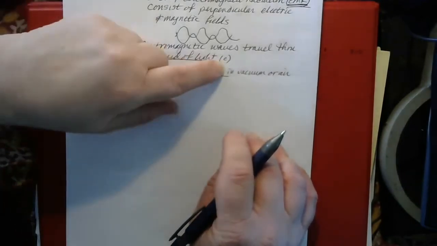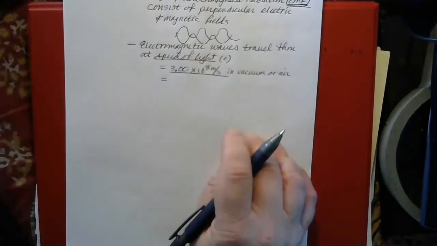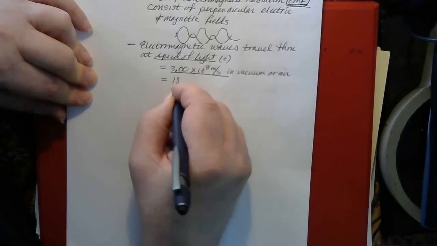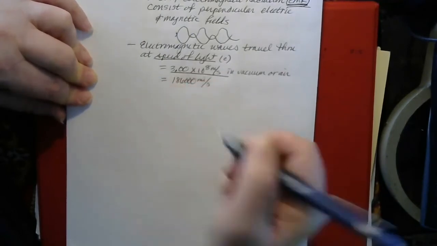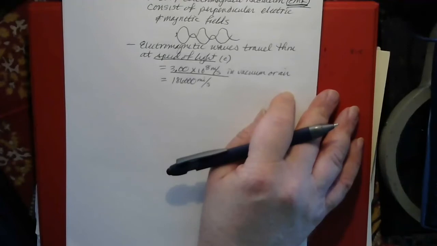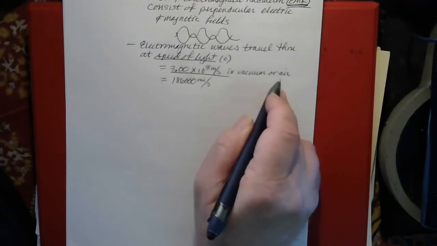The speed of light is also symbolized by a lowercase letter c. In non-SI units, in fact, non-metric units, it's 186,000 miles per second. And that would be the speed of light in vacuum or in air.